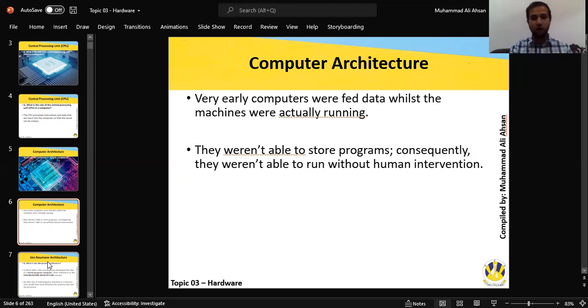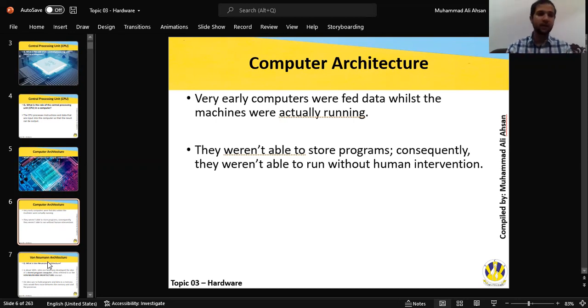And this happens because you have this data, you have these applications stored on the hard disk drive on your computer. But when you talk about the early days computers, they were missing the element of memory. So because of which all the programs, all the data had to be provided to the computer by a human being. And so we can say that there was a lot of human intervention involved.